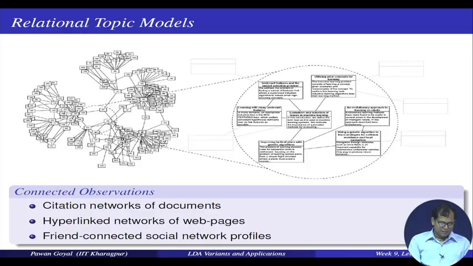When you are talking about data, many a times this is simple text data, where the documents are not related to each other. Sometimes this is like a network also, where different observations or data points are connected together by some sort of graph structure. For example, think about scientific articles. You can think of them as separate articles, this is one document, another document, different observations.